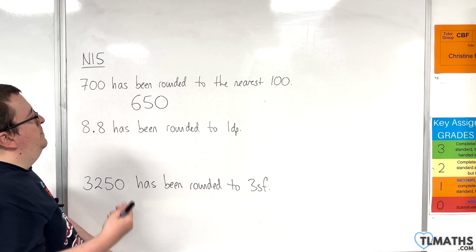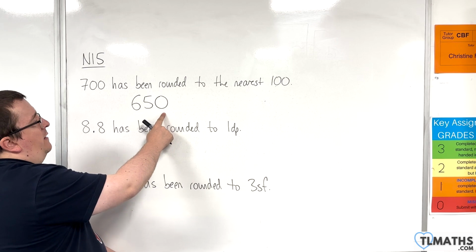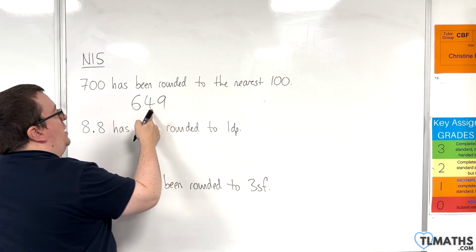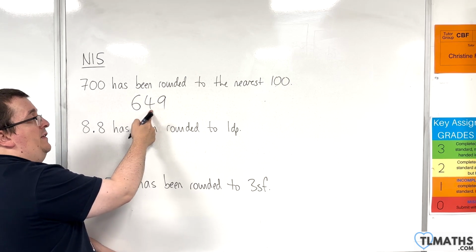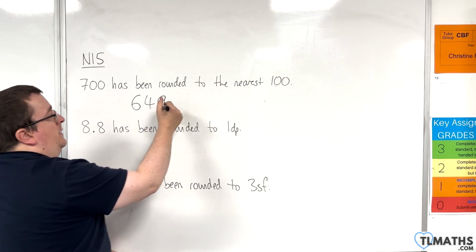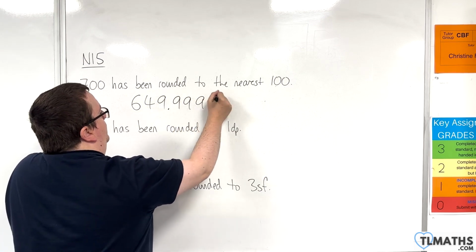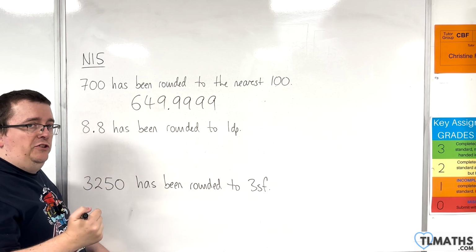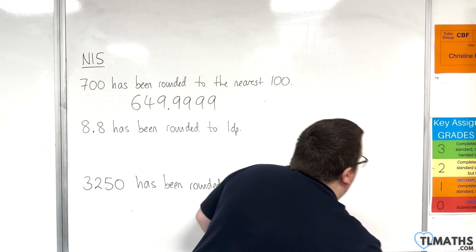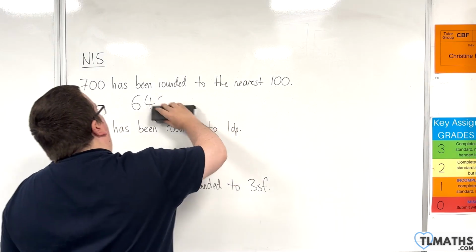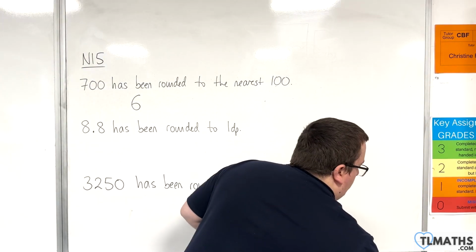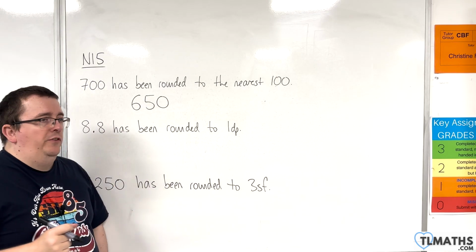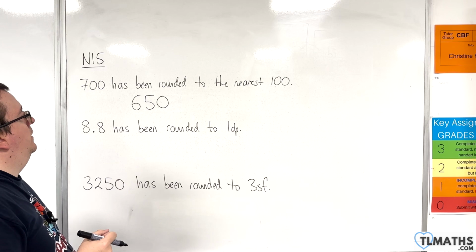Because if it was 649, then my second digit would be 4, and so I would round this down to 600. In fact, if it was this, that second digit is still 4, I would still round this down to 600. So 650 is the smallest number that would round up to 700.